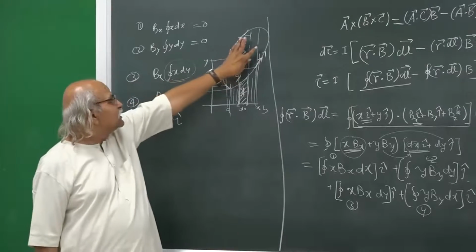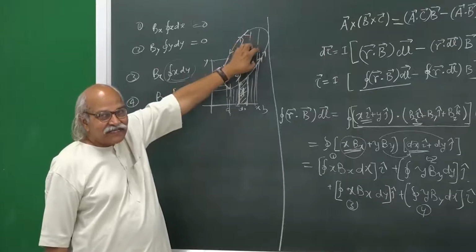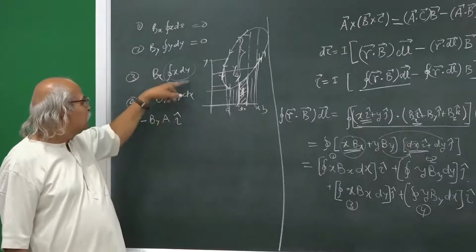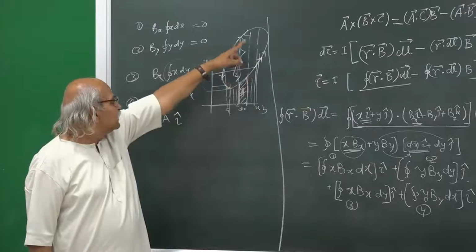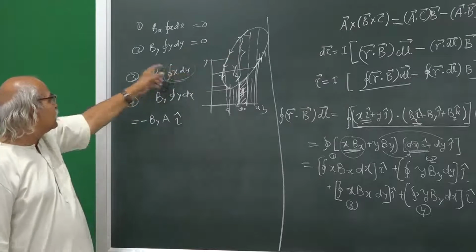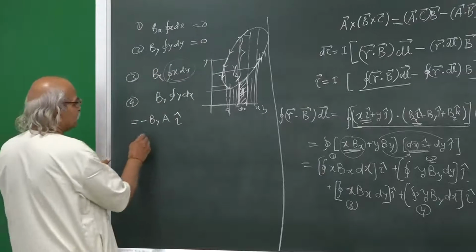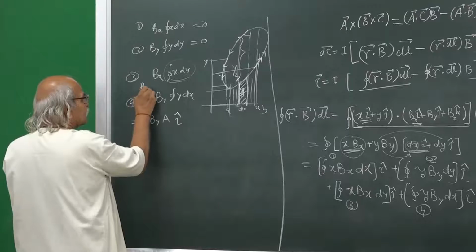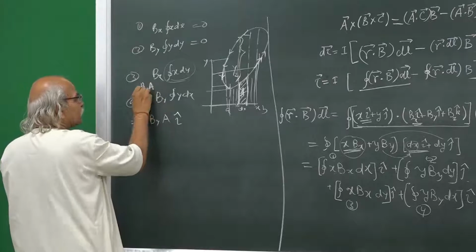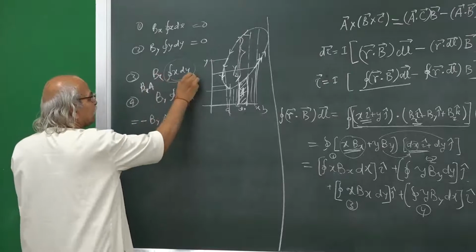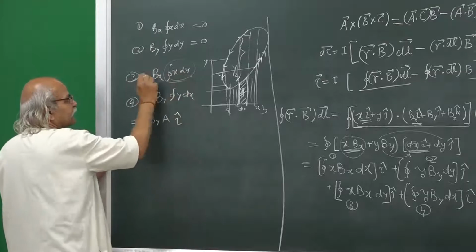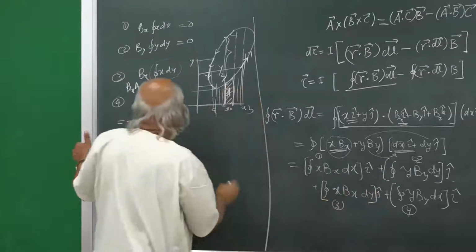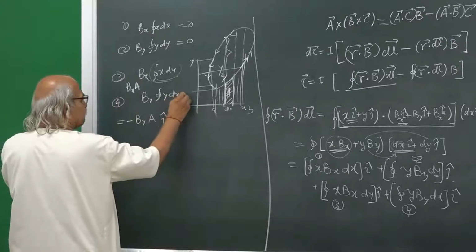Once again you get the same area, but this time with a positive sign. You can work out where you are going and how dy is changing, and you get b_x times a, with a positive sign, and the third one comes with j cap. So this is j cap.